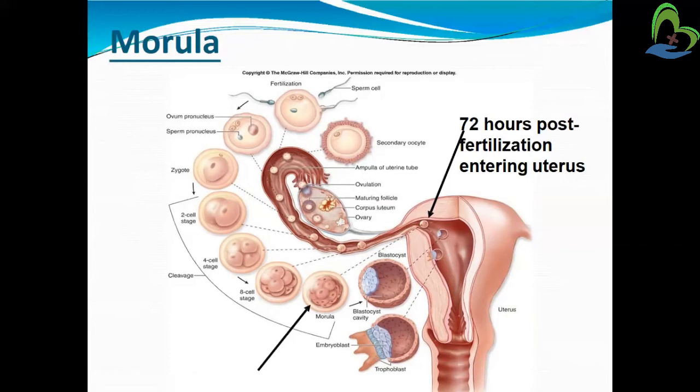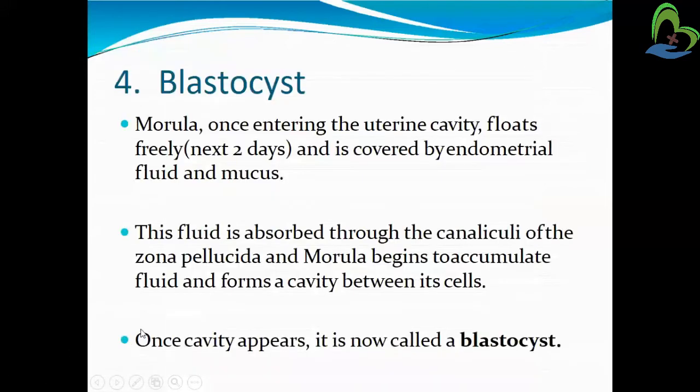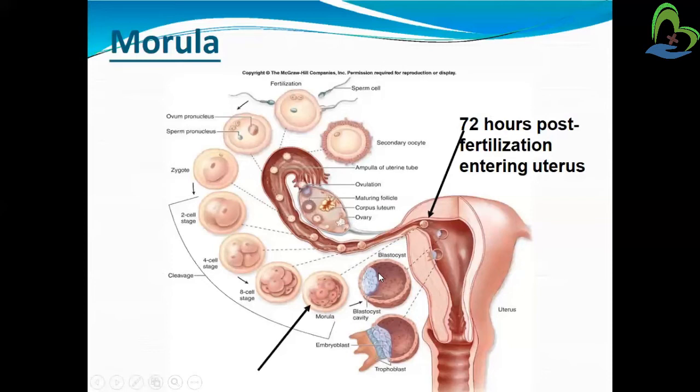From that the blastomeres occur, and this is the blastocyst, which divides by mitotic division. This is the uterine cavity.